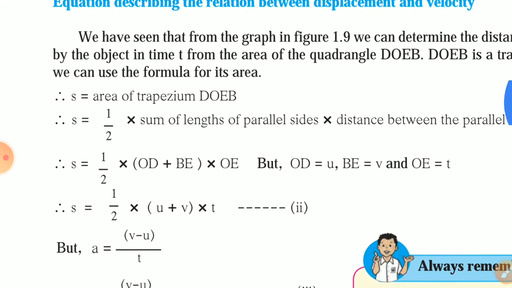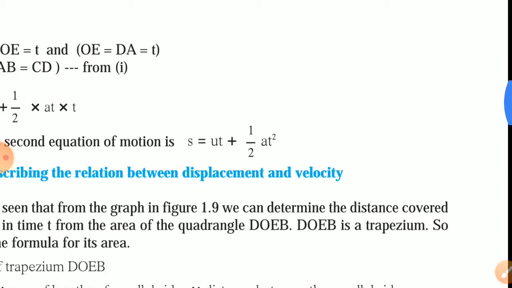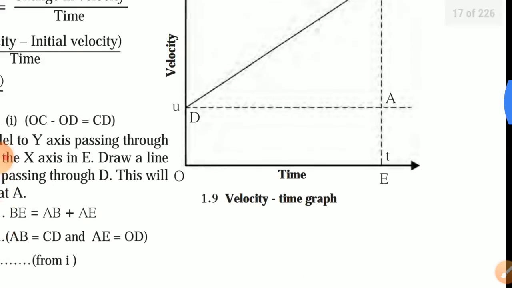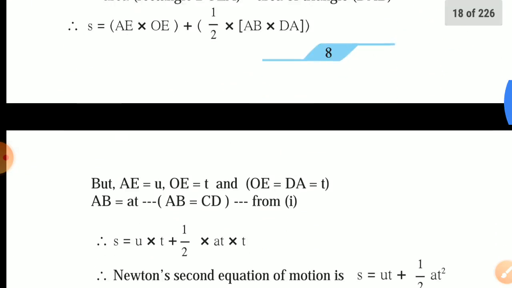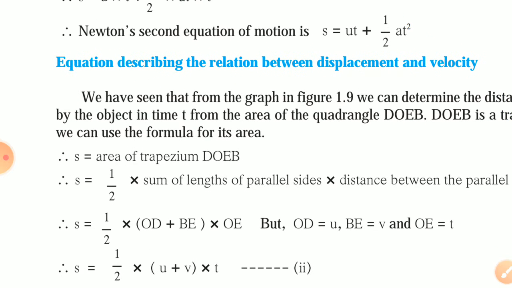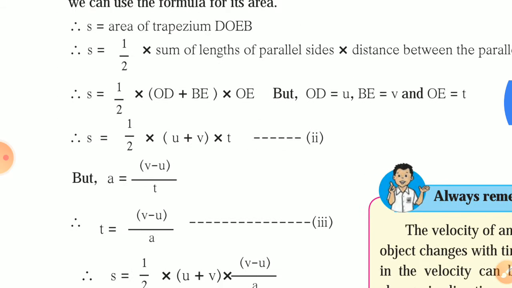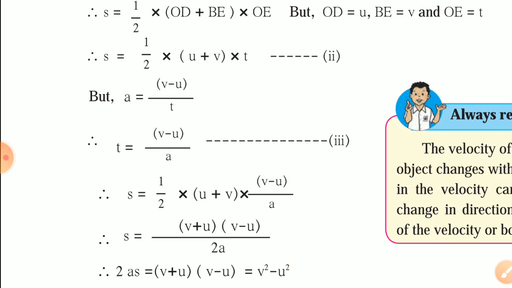The parallel sides are OD plus BE, into OE. But OD is equal to u, BE is equal to v, and OE is equal to t. By putting in the values, s is equal to half of u plus v into t.